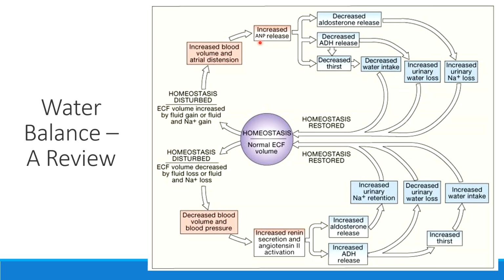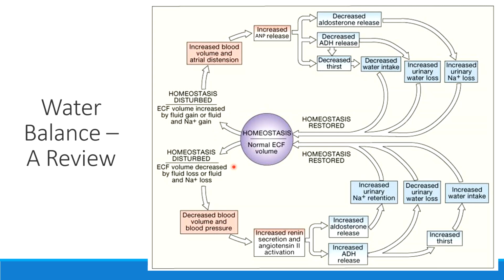Remember that atrial natriuretic peptide slows down aldosterone, slows down antidiuretic hormone, and because we're decreasing antidiuretic hormone, the sensation of thirst decreases. This causes us to take in less water, and at the same time, because we don't have ADH to make the aquaporin proteins, we're losing more water in our urine, and we're also losing more sodium, which is taking water with it. All of these factors lead us back to our normal homeostasis state of not having too much fluid.